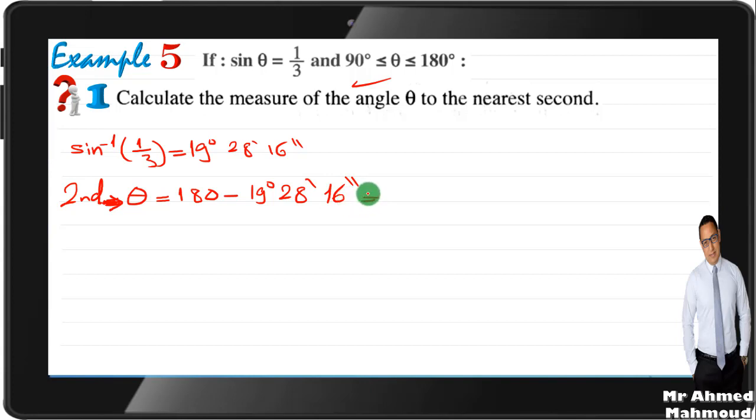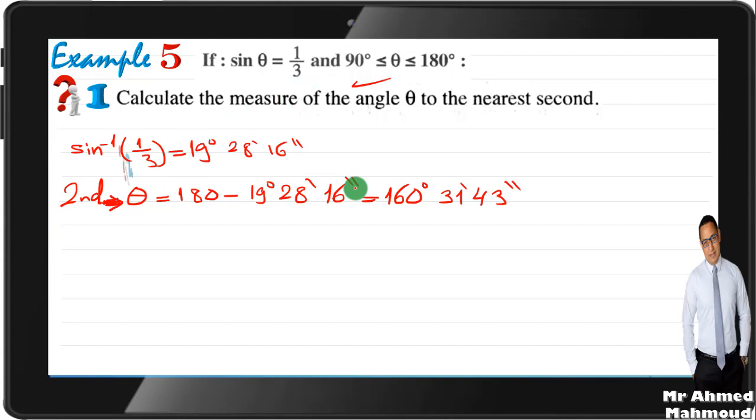It's equal to 160 degrees 31 minutes and 43 seconds. This is the measurement of angle theta.